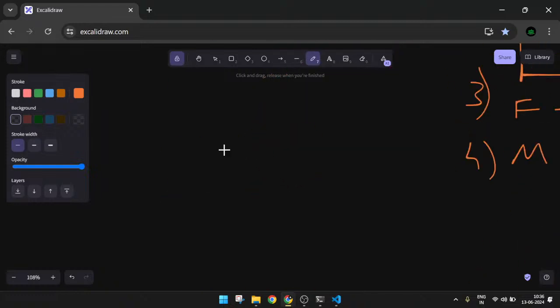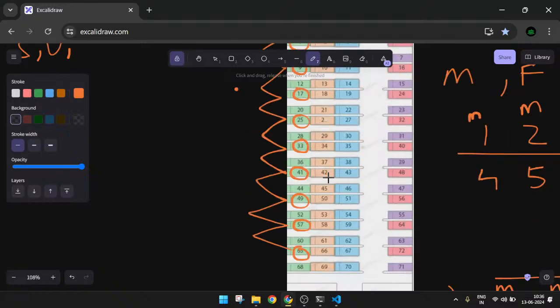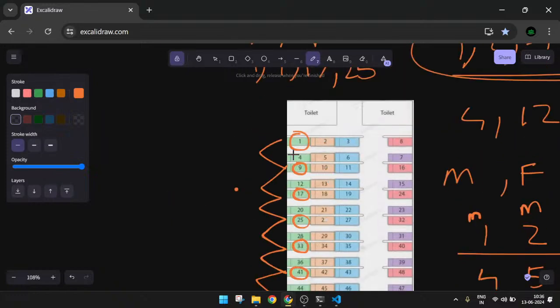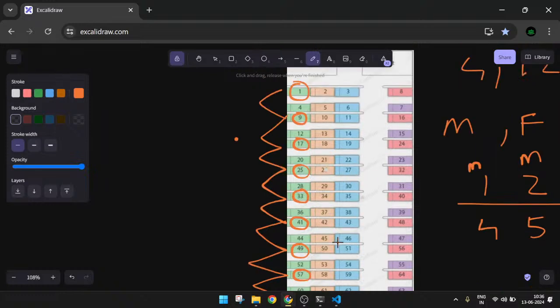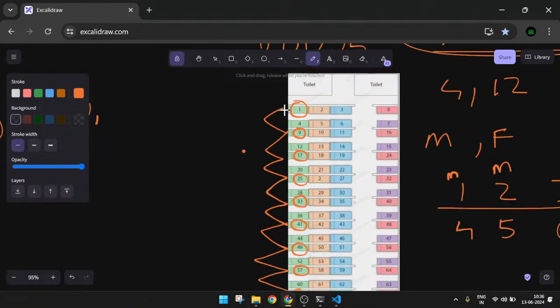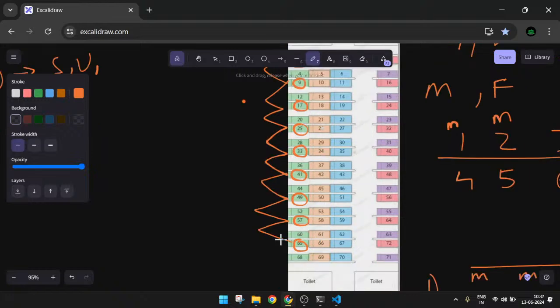Okay, so we have 71 seats. No, not 71. How many? 6, 12, 18, 24, 30, 36, 42, 48, and 54.